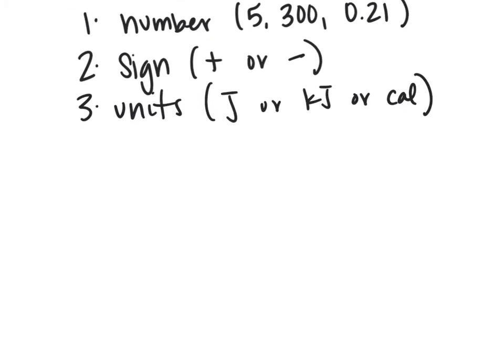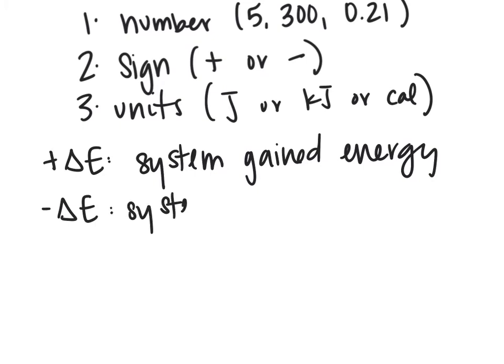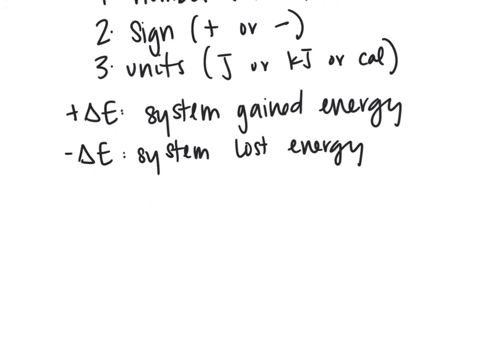And so when we have a positive delta E, the system gained energy. If we have a negative delta E, the system lost energy. So it's really important to think about the flip side of both of these.